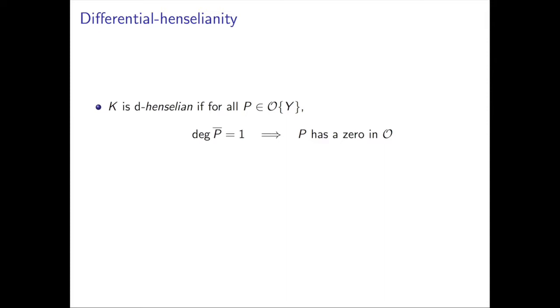So let me define this key property of differential Henselian. It says that for all differential polynomials with bounded coefficients, if the degree of p bar is 1, and by p bar I mean the map down to the residue field, so I forget about all the infinitesimal terms, then if it looks linear, so it's kind of quasi-linear in some sense, then you should have a zero that's bounded.